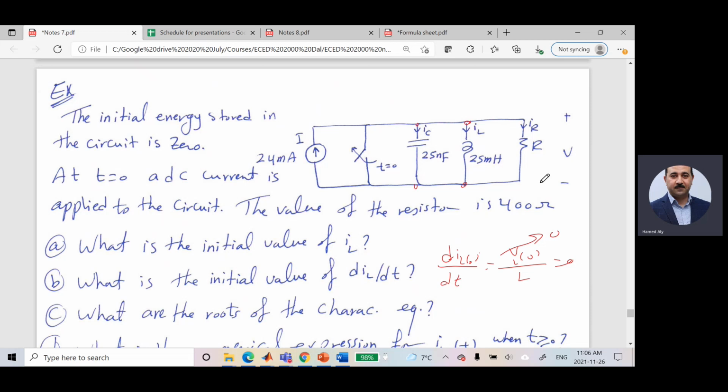So for each circuit, I'm going to write my equation, which is summation of voltage equal to 0 for each loop, and summation of current equal to 0 for each node. Then I will have many differential equations, and I have to solve them. But dealing with differential equations is not easy, right? That's why we have to find a specific tool which will be easier to use to simplify solving the problem. And this is what we are going to talk about in chapter 9.